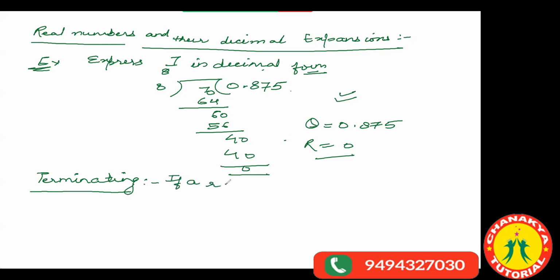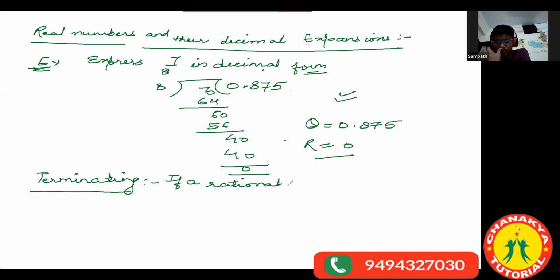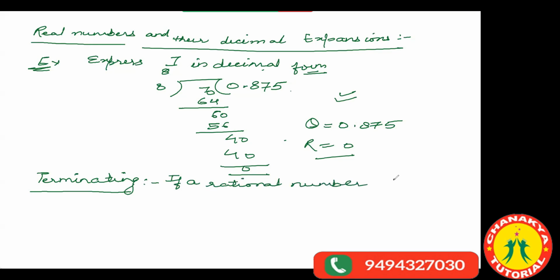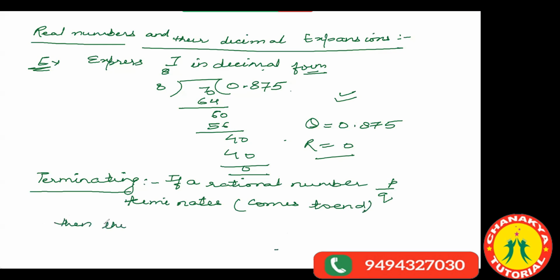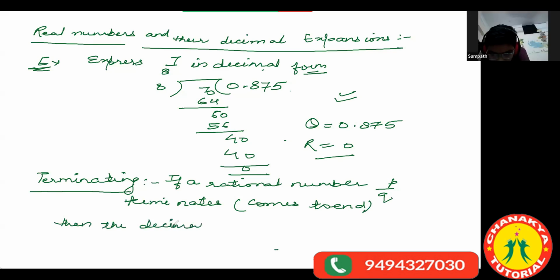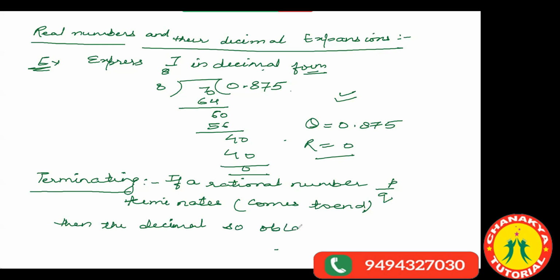If a rational number p by q terminates, or you can say comes to an end, then the decimal so obtained is called a terminating decimal.